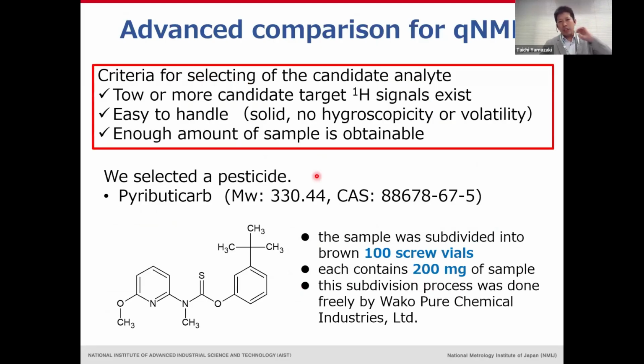Next, we coordinated another advanced comparison for qNMR. Advanced means using an actual sample. The criteria for selecting the candidate analyte: one is that two or more candidate target proton signals exist. Also it should be easy to handle, because if there is some other factor, it is difficult to discuss the accuracy.